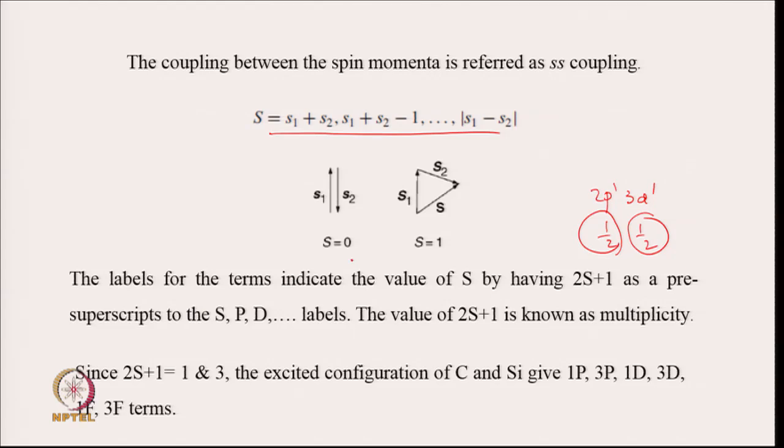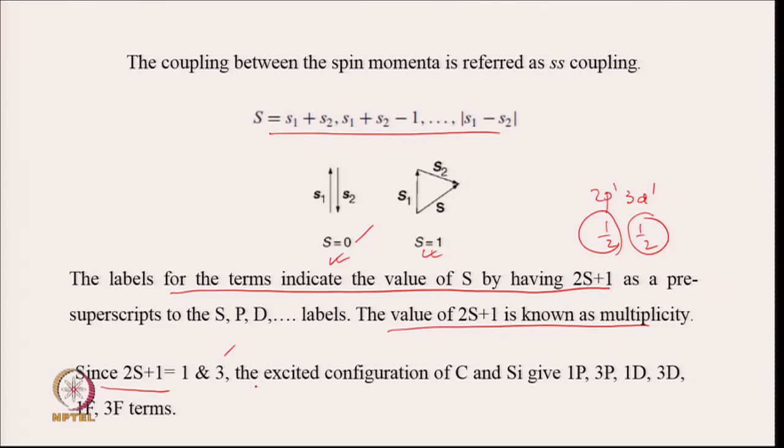So, coupling will give you two states, S equal to 0 and S equal to 1. The label for terms indicates the value of S by having 2S plus 1 as a pre superscript to S, P, D. That is what we discussed last time also. 2S plus 1 is known as multiplicity. Now, 2S plus 1 will be equal to 1 if S is equal to 0, and it will be equal to 3 if S is equal to 1.